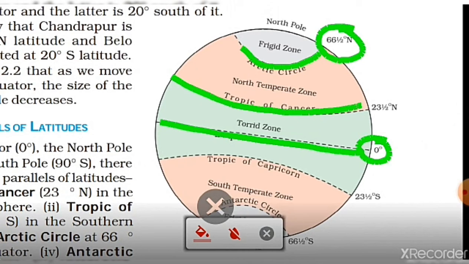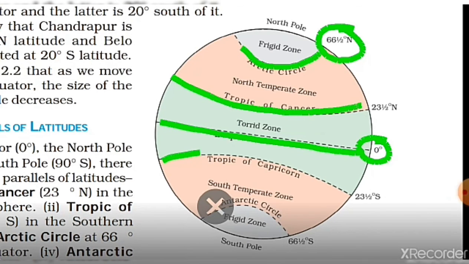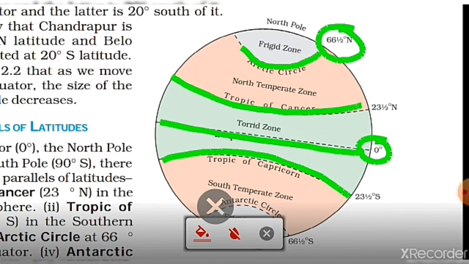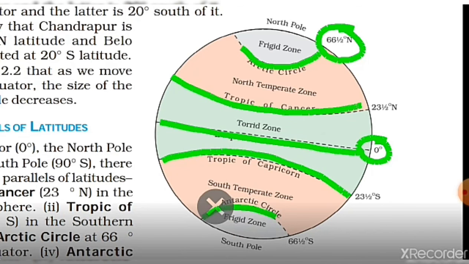Again come to the equator, and you will see on its south side the Tropic of Capricorn at 23.5 degree south, and the Antarctic Circle at 66.5 degree south.